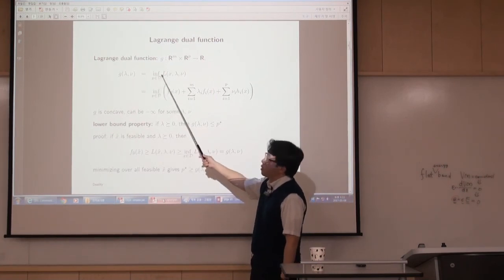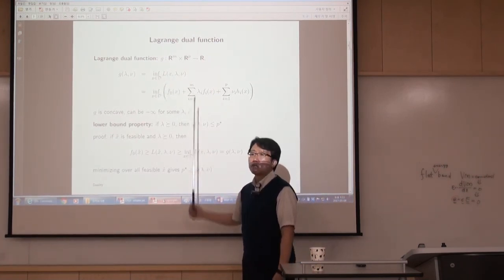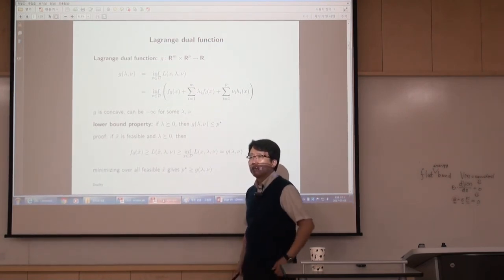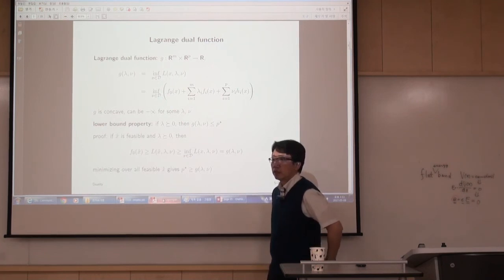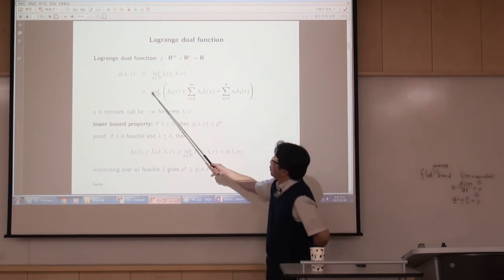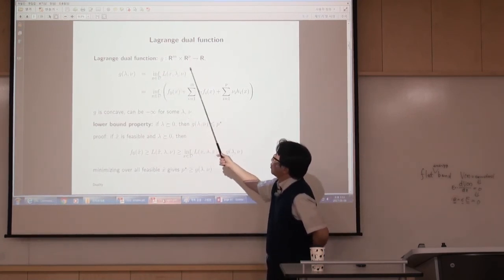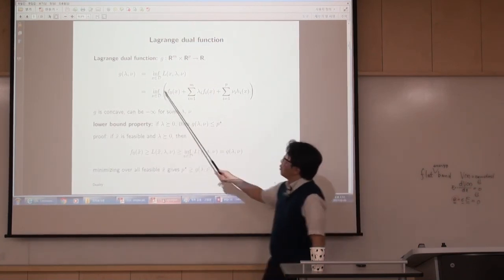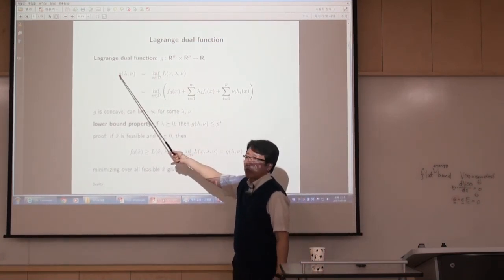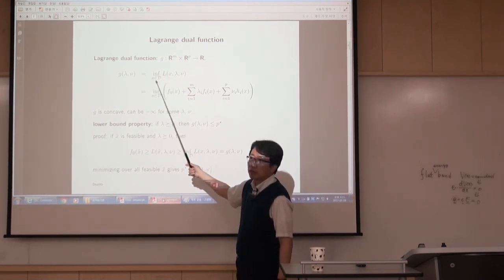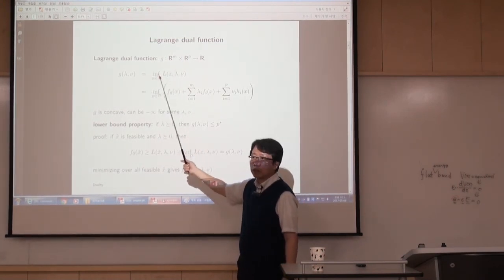Now you increase the search space. What will happen? So this line is just a rewriting of the L function here. You define the new function. Now it's parameterized by the Lagrange multipliers lambda and nu, because x is gone. x is gone by this infimization.